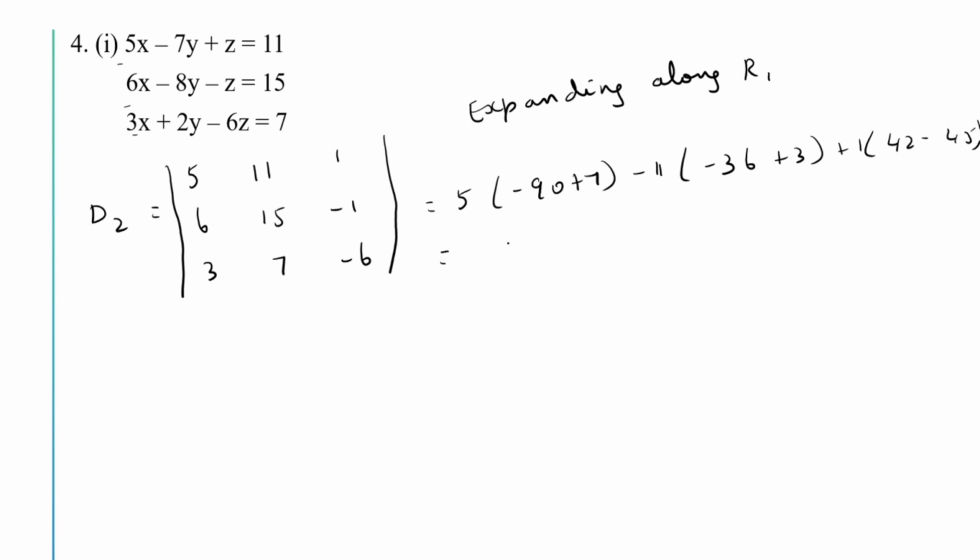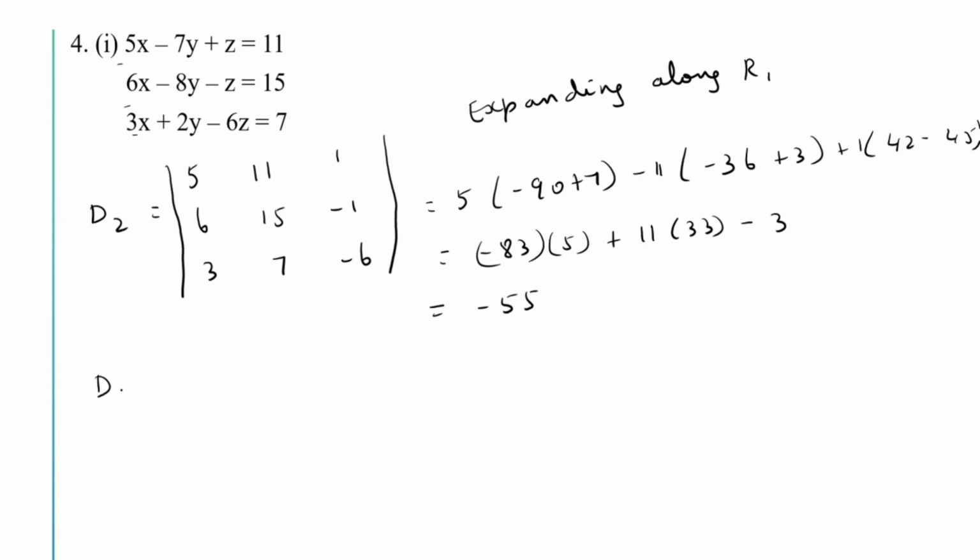So this is equal to minus 83 into 5 plus 11 into 33 minus 3. So when we simplify, we get minus 55.